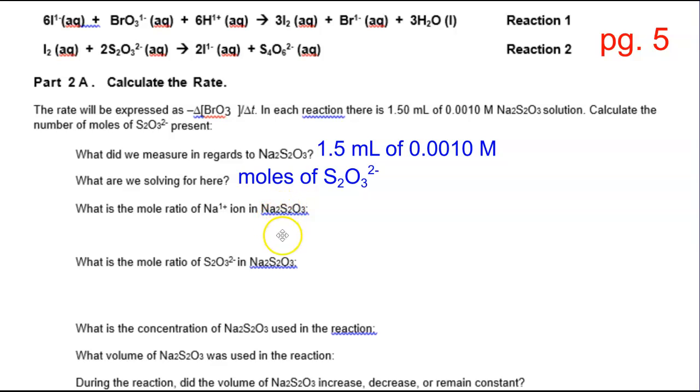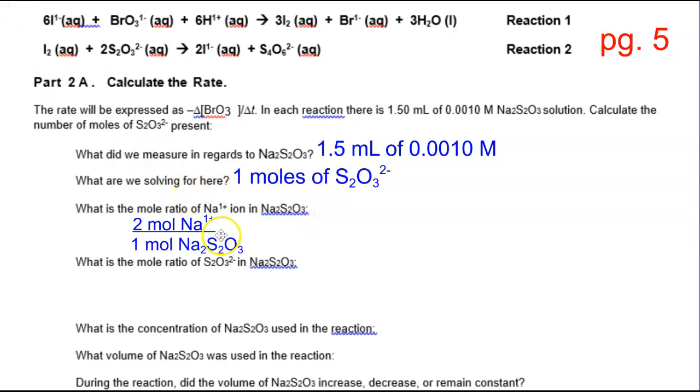So for every compound, there are 2 sodium ions and 1 thiosulfate ion, and we can set up ratios as such: 2 moles of sodium ion per 1 mole of sodium thiosulfate. Similarly, we can do the same thing for the next piece. In this equation, there is 1 mole of thiosulfate ion per 1 mole of sodium thiosulfate. 1 thiosulfate per compound, 2 sodiums per compound.